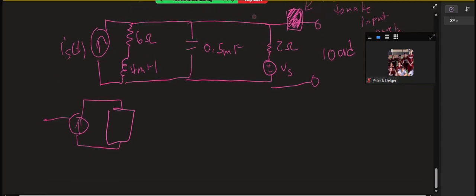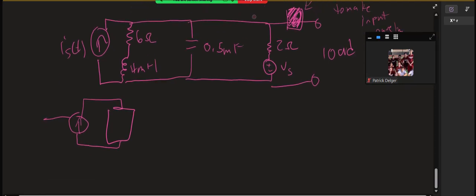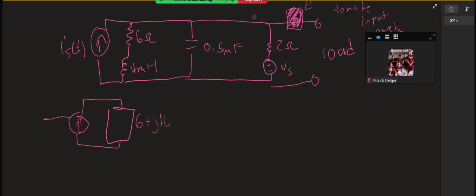So this first one we can write as 6 plus j omega. Omega is 10 to the third. How did I know that?